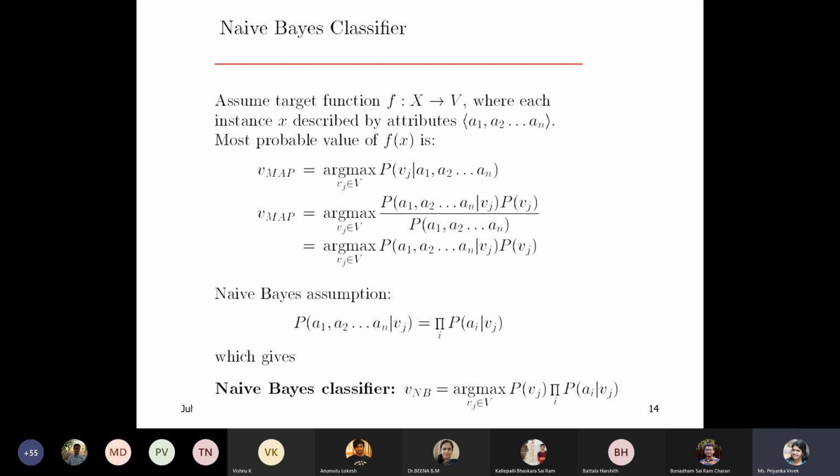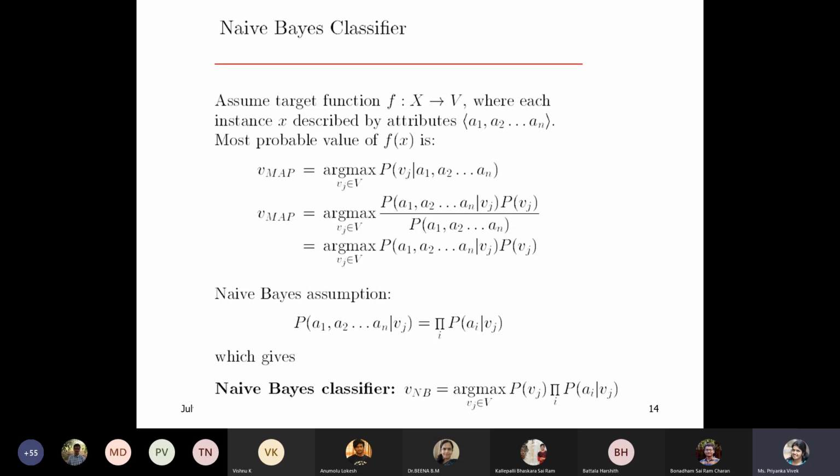See, if you see argmax Vj belonging to V, Vj can be, say, V1 can be yes, V2 can be no, that way. Okay, or say V1 can be cancer, V2 can be no cancer, or V1 can be ham, V2 can be spam. Okay, these are all different values it could take for a particular problem.